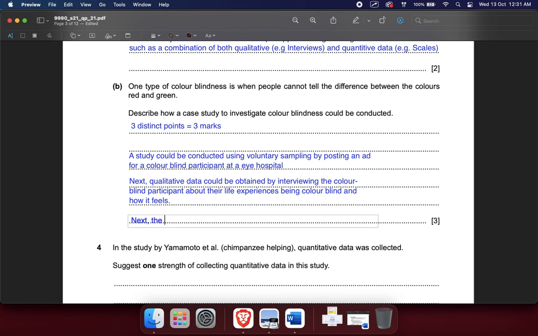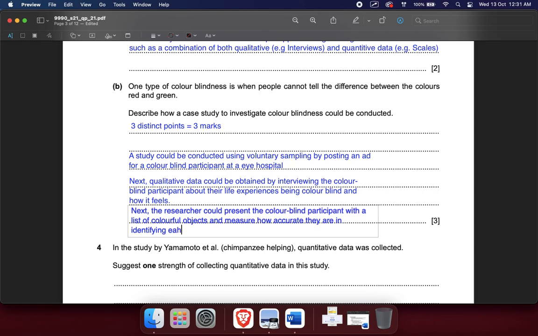Next, the researcher could present the colorblind participant with a list of colorful objects and measure how accurate they are in identifying each object's color. Something like that, right? Something along those lines.